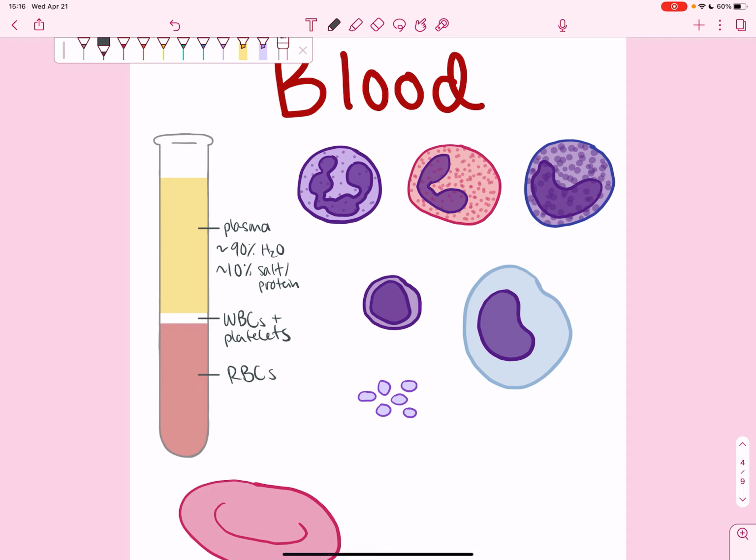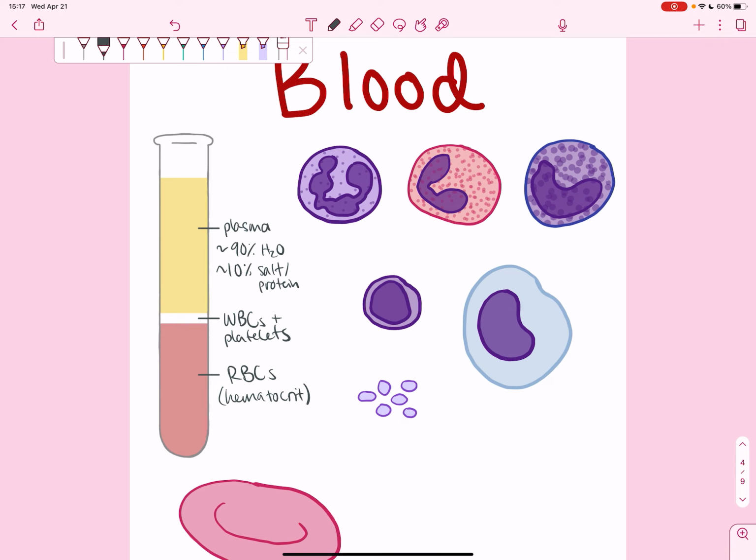This is also called hematocrit. So I'll write that out. Hematocrit specifically measures the percentage of blood composed of erythrocytes, or red blood cells, and I'll get into that in a second.